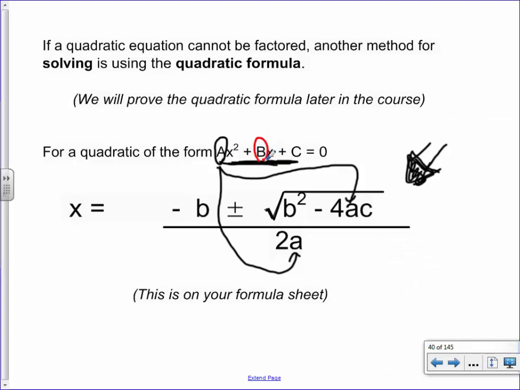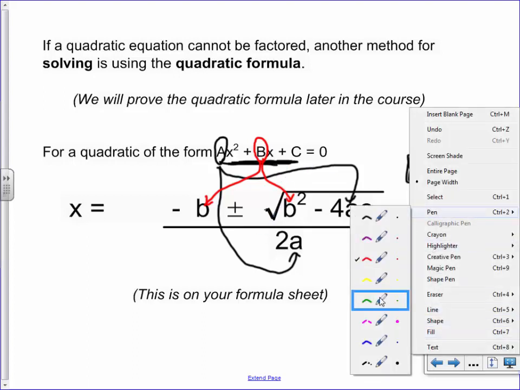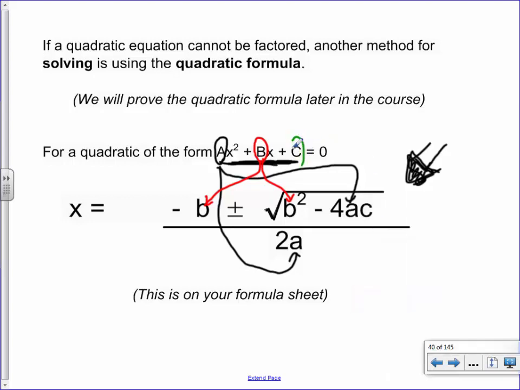Likewise, whatever coefficient goes in front of x, it also has 2 locations in this formula. One of them is right here, and the other one is right here. And you guys probably guessed the last part. Whatever the constant term is, the very last term, the one that has no x's, it has 1 spot that you plug it in, which is right here.